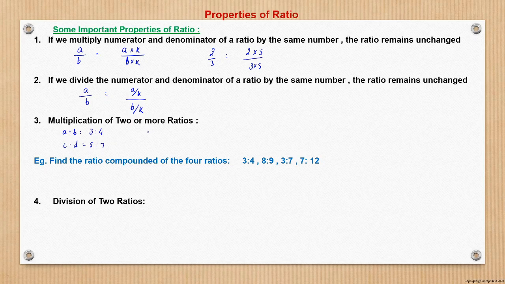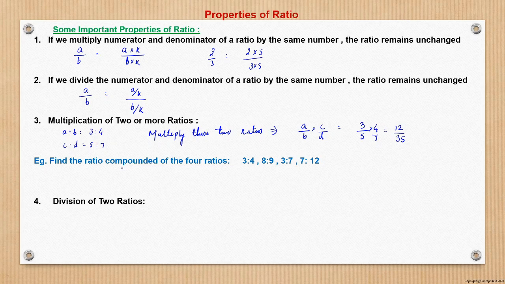So if we have to multiply these two ratios, this means that a by b into c by d is nothing but 3 by 4 into 5 by 7. So 15 by 28 is the answer. So multiplication of two or more ratios is as simple as this. We just convert the ratios to fraction form and then multiply independently.